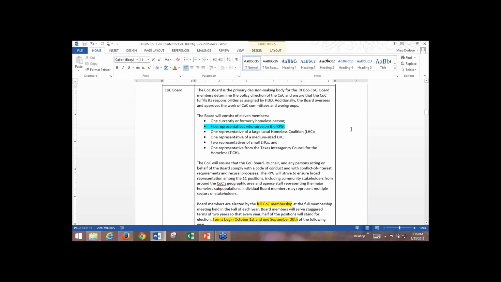Within that group, we would have the freedom to look at nominating people from certain geographic areas.